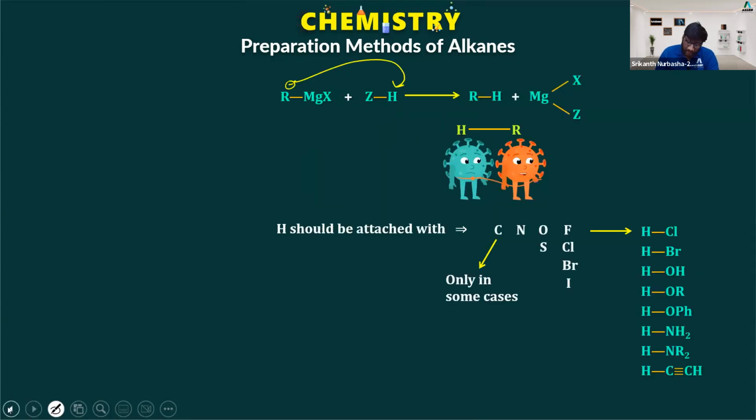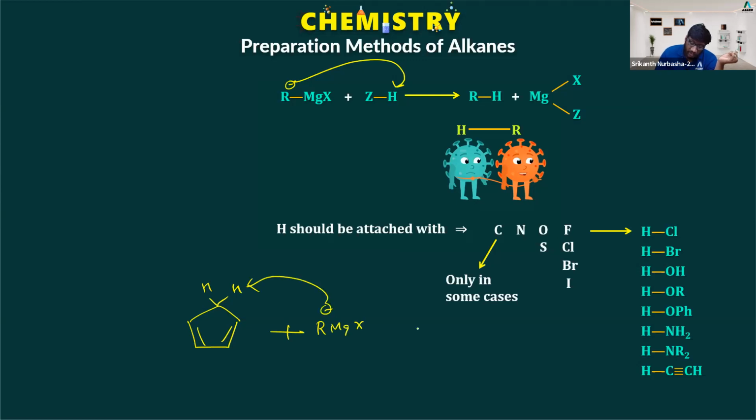Understand this concept carefully. Hydrogen should be attached with carbon, carbon only in some cases, nitrogen, oxygen, sulfur, fluorine, chlorine, bromine, iodine. And these are the cases: HCl, HBr, HOH, that is water, HOR. Hydrogen should be connected with chlorine, bromine, oxygen, nitrogen, or sp hybridized carbon. And we have the same famous example, in aromatic cases, plus RMgX.